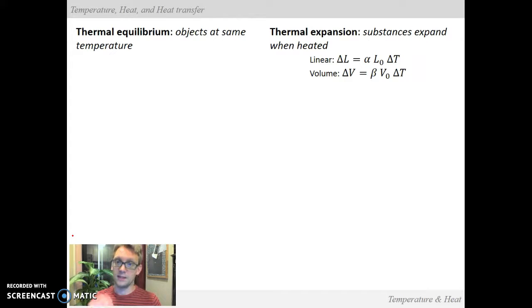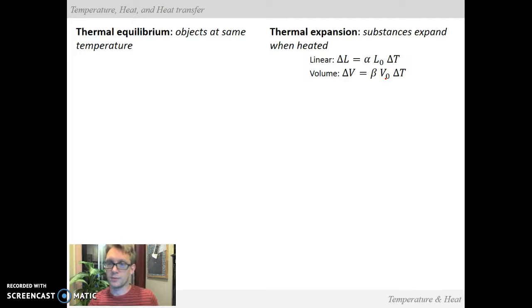So we have a linear and a volume equation for expansion of substances, that delta L and that delta V. These are given, the alpha and the beta are coefficients of expansion, either linearly or in volume terms, and those are material dependent. The L naught and the V naught are how big the substance was before it was heated, and of course the delta T is the change in temperature that the substance goes through, or the material goes through.